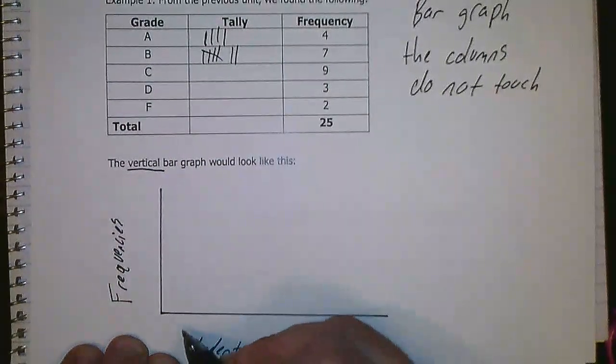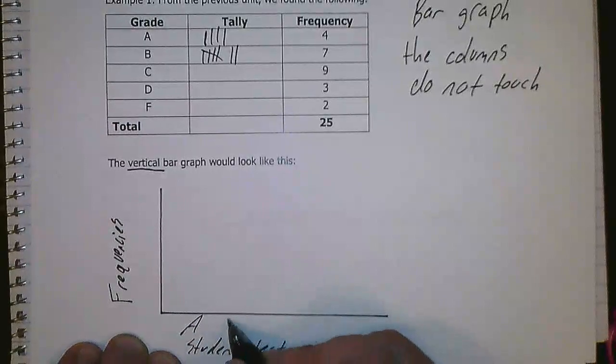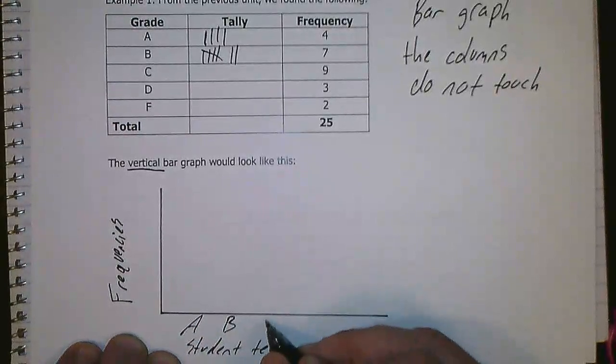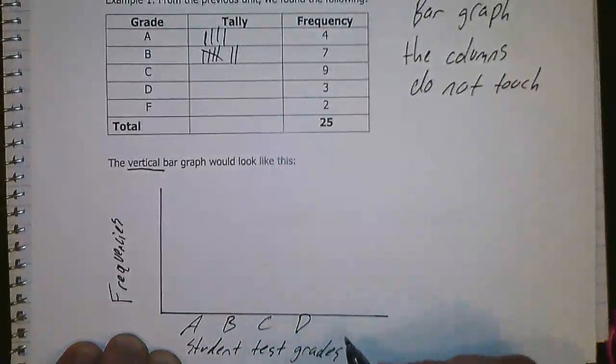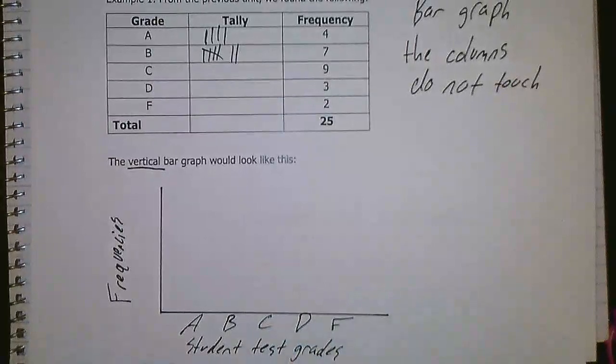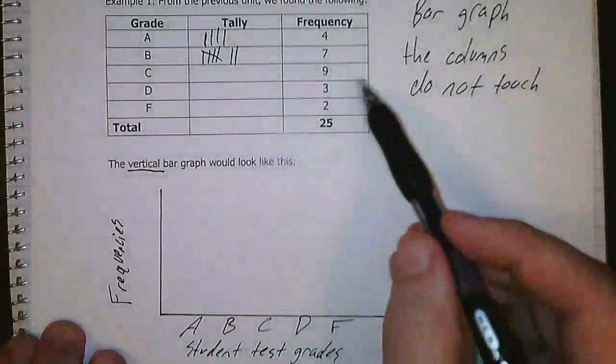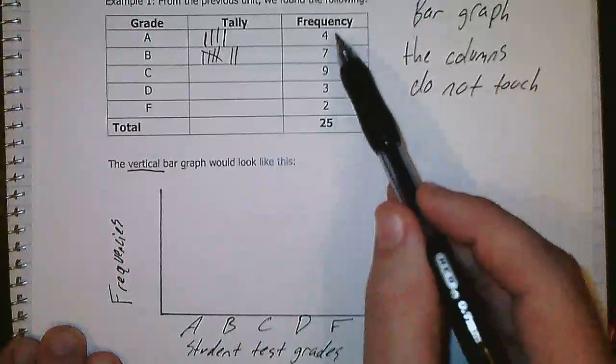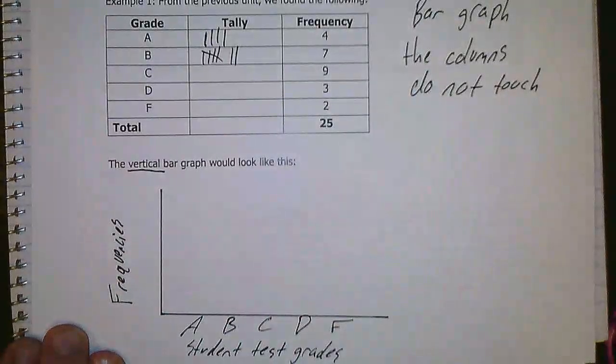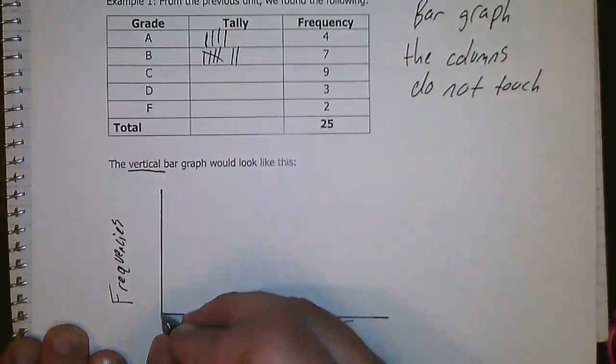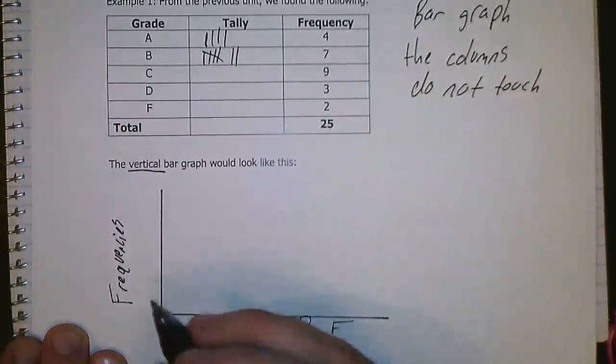So what are our grades? There were students that made an A, students that made a B, students that made a C, a D, and an F. And then our frequencies are really numbers, 1 through 9 here. Well, actually, we will start at 0.